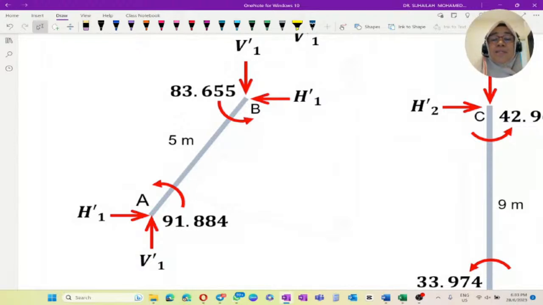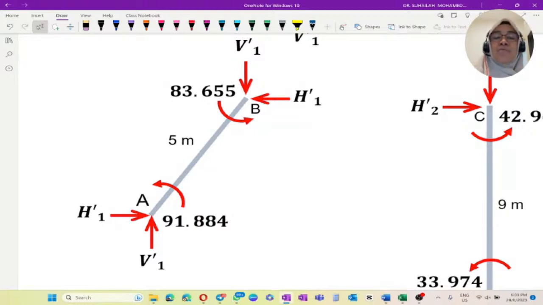The structure must be in equilibrium, the element must be in equilibrium, the joint must be in equilibrium. So by looking at this diagram, member AB, we have to make sure that total V is equal to 0, total H also equal to 0.